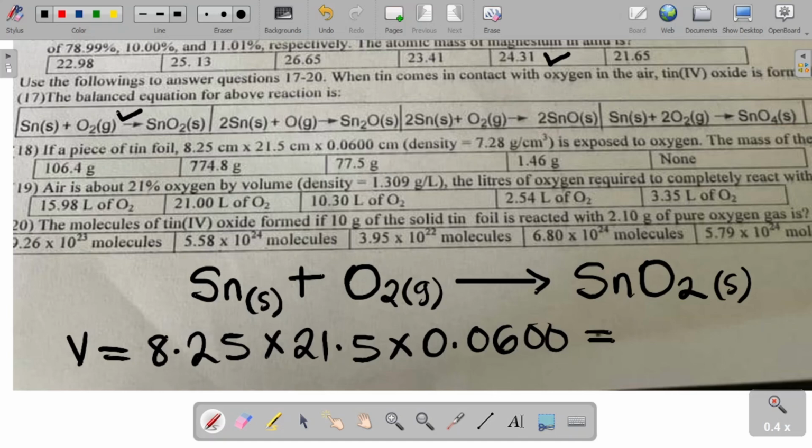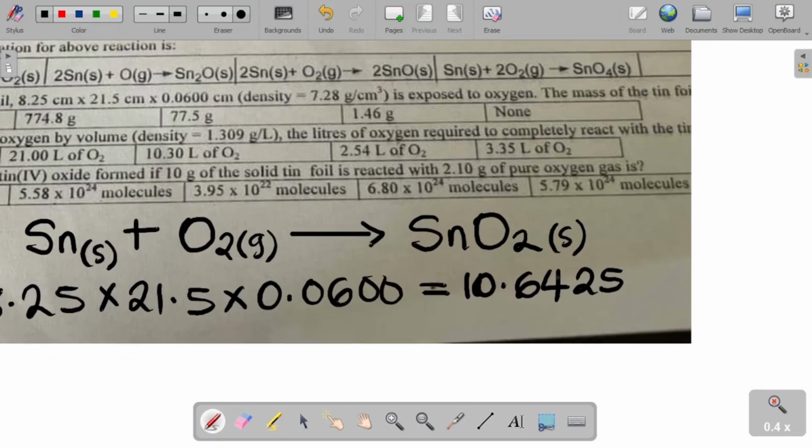That would be 8.25 multiplied by 21.5 multiplied by 0.0600, and this gives you about 10.6425 cm cube. This gives you the value of the volume.